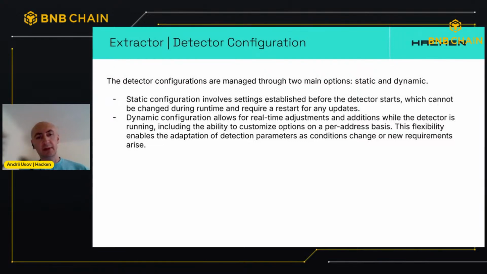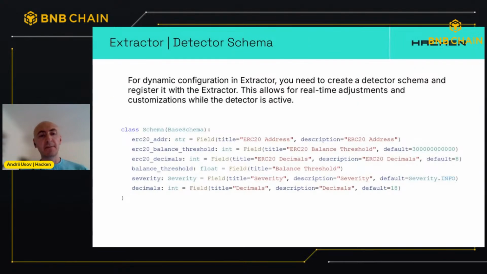Two types of configuration are supported: static, which I already mentioned before, that's what we do from the configuration of the detector, and dynamic configuration, that helps us make flexible configuration per detector. It means you shouldn't restart detectors if you need to change something. You can configure a threshold or different parameters for each address, so create different detectors with specific cases.